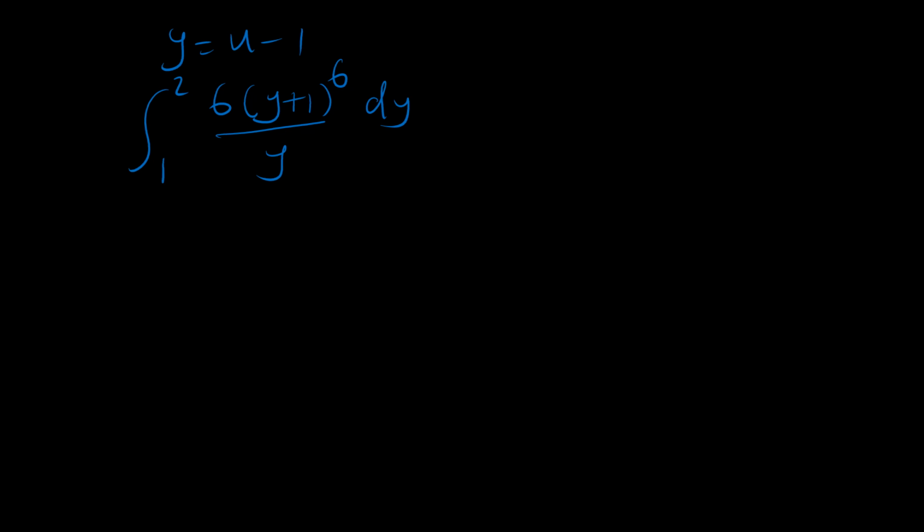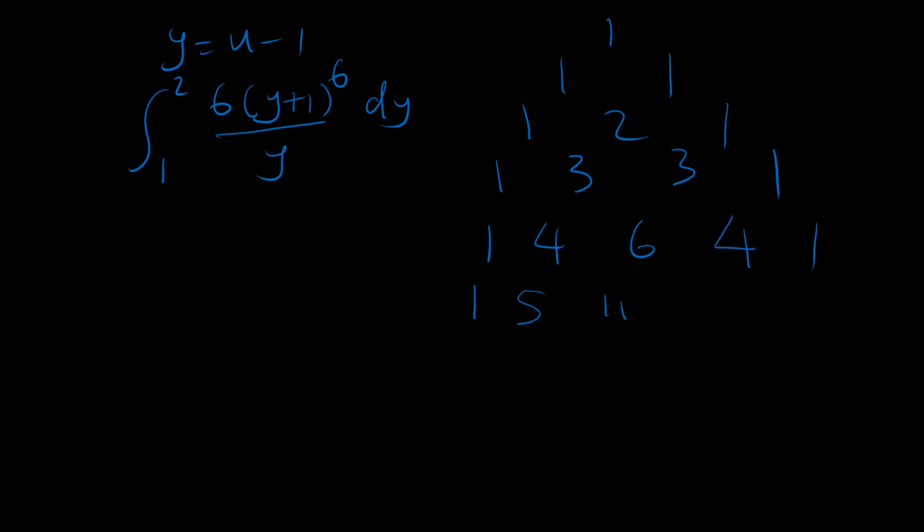So using Pascal's triangle: 1, 1; for 2 it is 1, 2, 1; for 3 we have 1, 3, 3, 1; for 4 we have 1, 4, 6, 4, 1; for 5 we have 1, 5, 10, 10, 5, 1; for 6 we have 1, 6, 15, 20, 15, 6, 1.